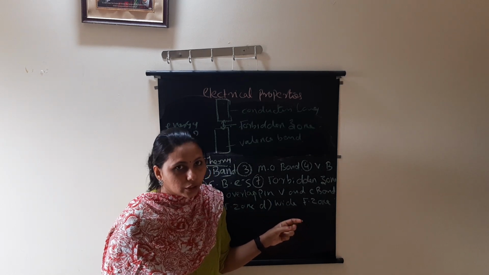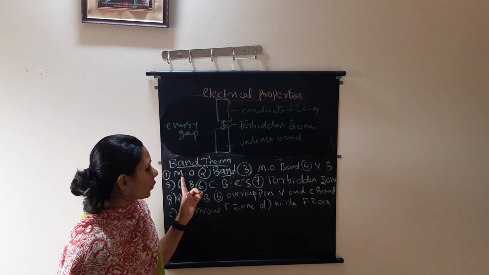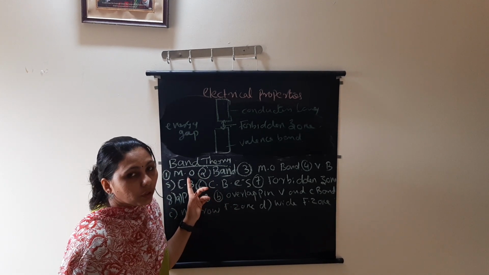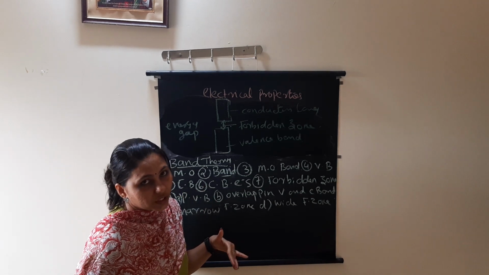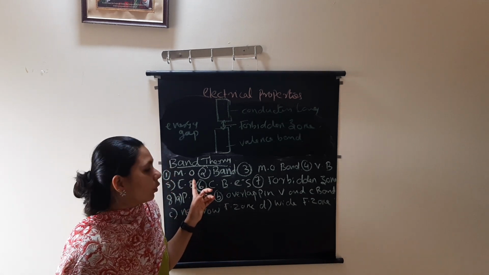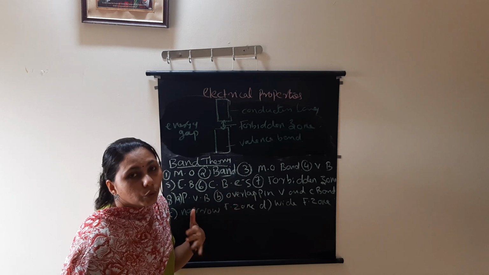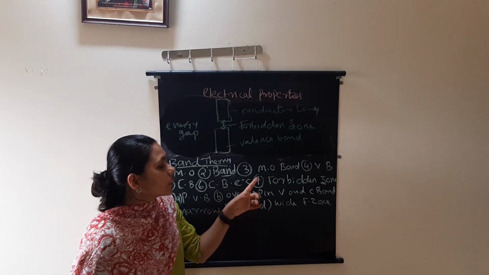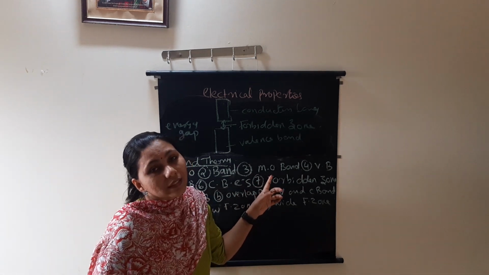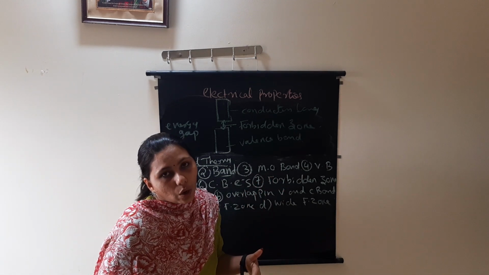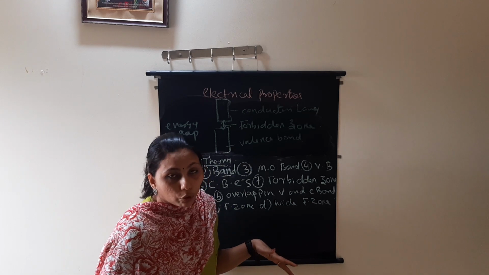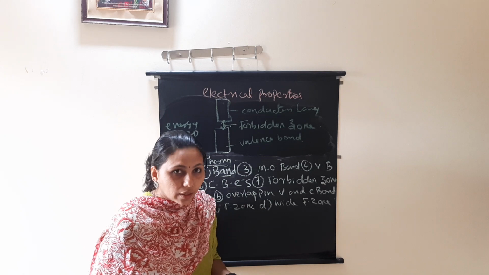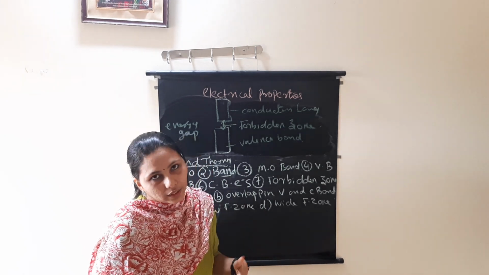Once again, I will tell you the postulates in short. First, atomic orbitals undergo linear combination to give molecular orbitals. Next, a group of energy levels is known as a band: molecular orbitals with almost the same energy crowd together to form a molecular orbital band. There are two types of bands, valence band and conduction band.